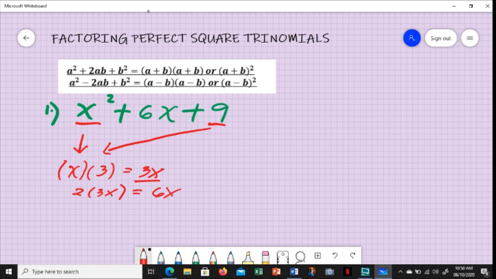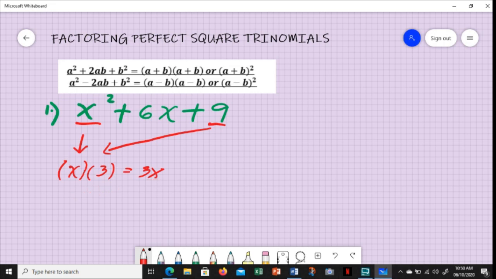Now, what about this 6x? Ano kinalaman nito? Kailangan, the result of this must be the same with the second term of your given. Ito po. Okay? So, if nasatisfy natin yan, meaning to say that the given expression is a perfect square trinomial.